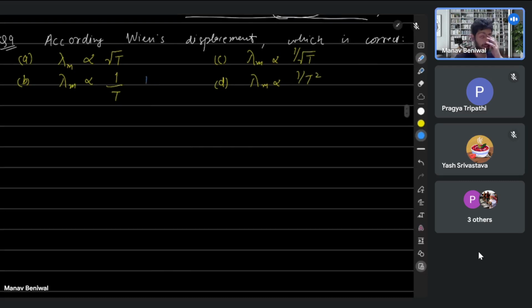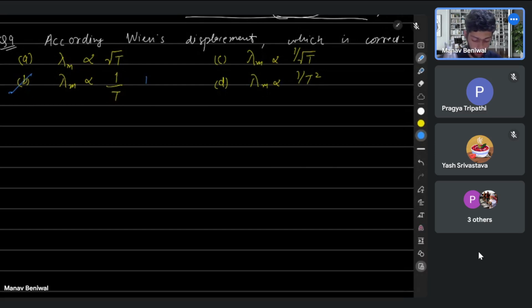Any other answers? No. Okay, so this is just a displacement law, and this was determined experimentally.